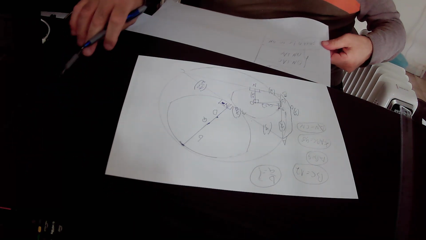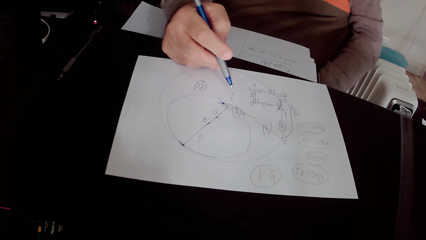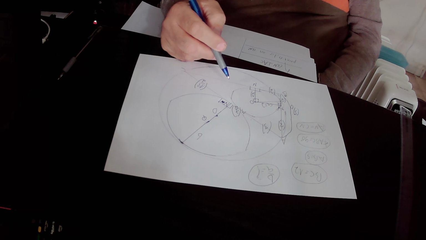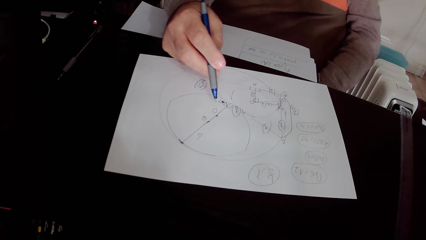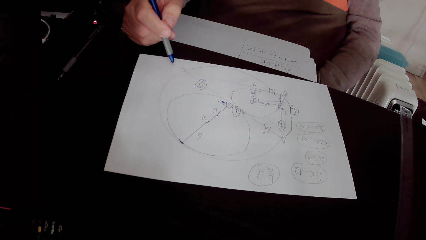Well, because if point O doesn't lie on the radius QN, then ON will not be perpendicular to AC.